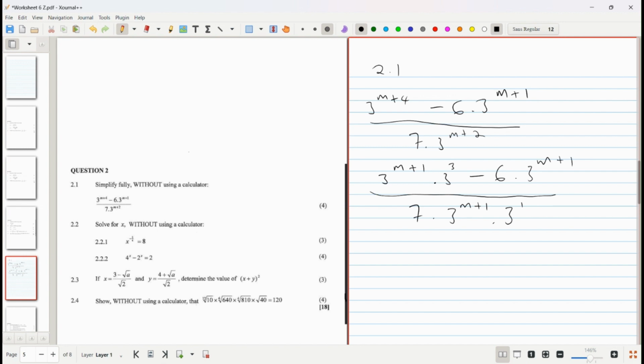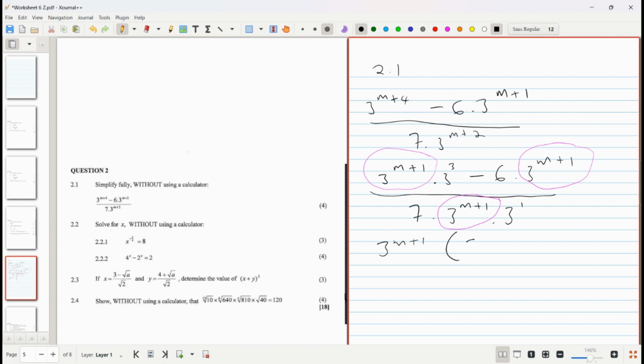Okay, now we can find the common factor. Here we have 3 to the power m plus 1, also here, and here, right? So let's take out the common factor. Our numerator will have 3 to the power m plus 1, and then 3 to the power 3.